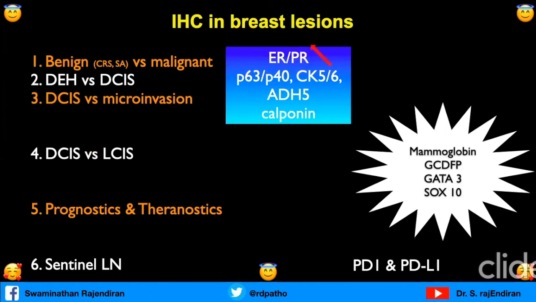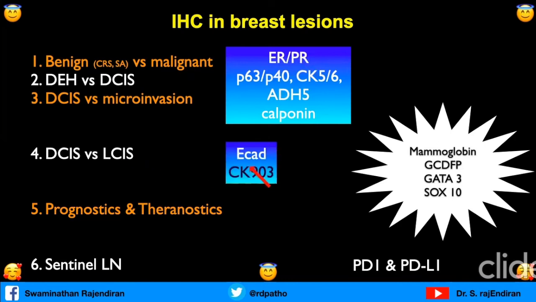Benign versus malignant, you have to use these markers, ER, PR, P63 or P40, and there is a specific marker which I have not used. It is known as ADH5. I will show you atypical ductal hyperplasia, and they use 5 markers together, okay, and calponin. But the main markers I have practical usage is ER, PR and P40.